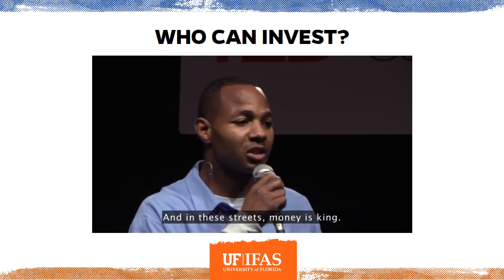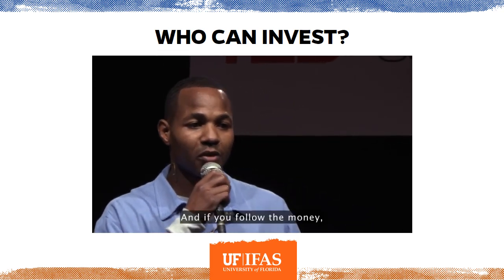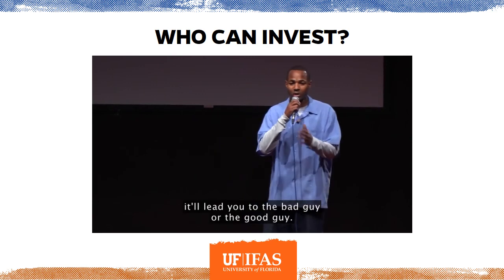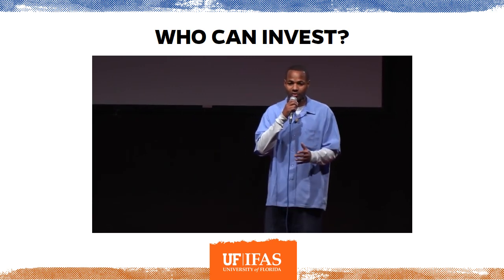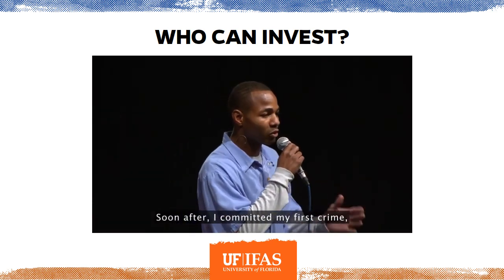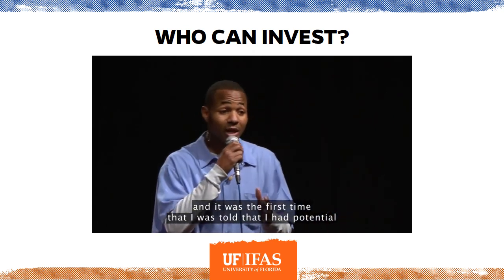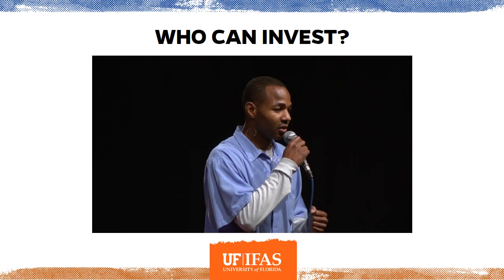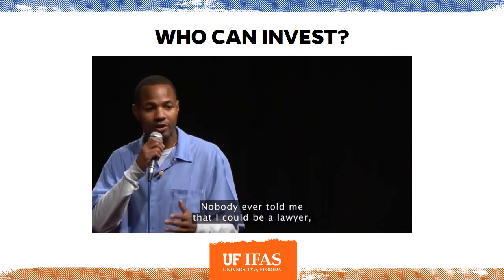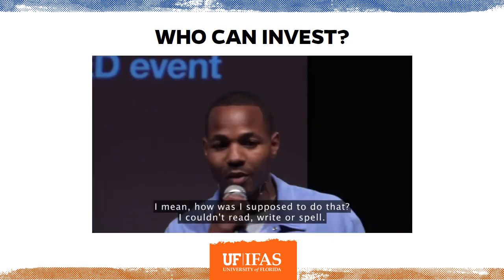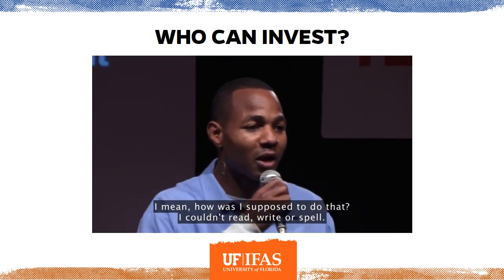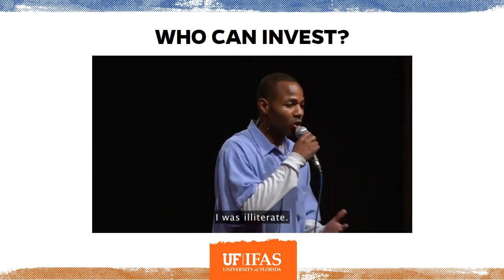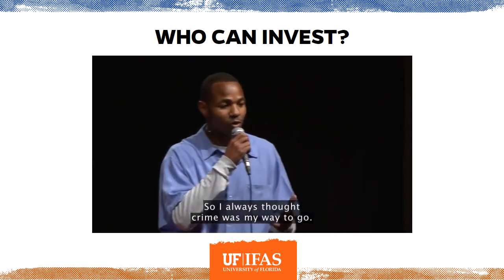And in these streets, money is king. And if you follow the money, it'll lead you to the bad guy or the good guy. Soon after, I committed my first crime. And it was the first time that I was told that I had potential and felt like somebody believed in me. Nobody ever told me that I could be a lawyer, doctor, or engineer. I mean, how was I supposed to do that? I couldn't read, write, or spell. I was illiterate. So I always thought crime was my way to go.